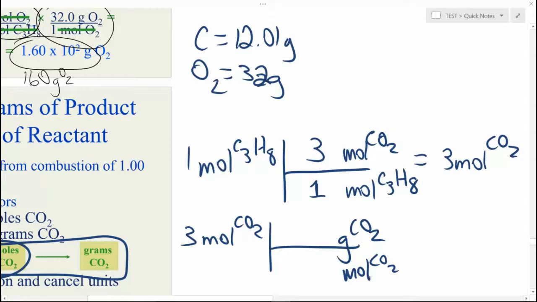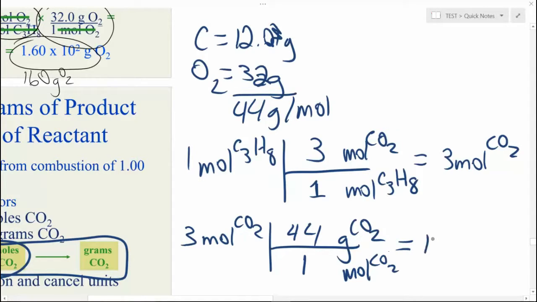So we have 32 plus 12, and we get 44. This is 44 grams per mole. We're not going to really worry about the 0.01. But we have 44 grams of CO2 for every 1 mole of it. So 3 times 44 gives us 132 grams of carbon dioxide.